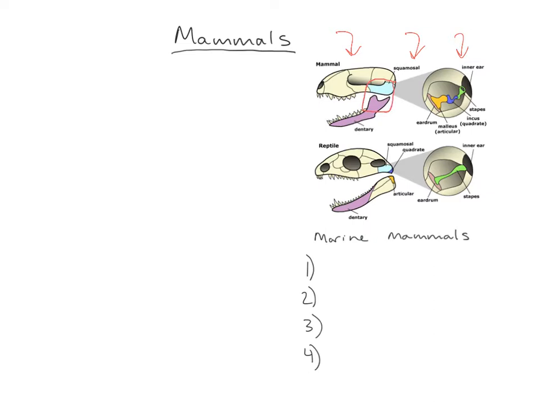This is the dentary squamosal joint. This purple is the dentary, this bluish green is the squamosal, and that forms the hinge joint of the jaw.